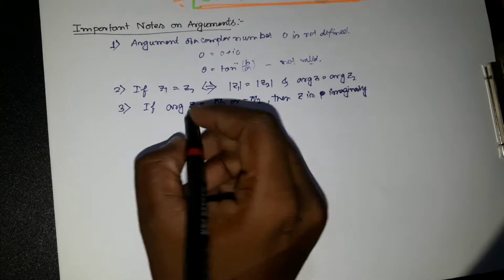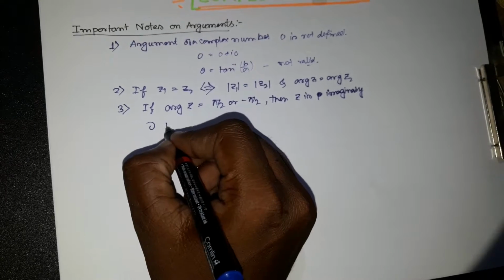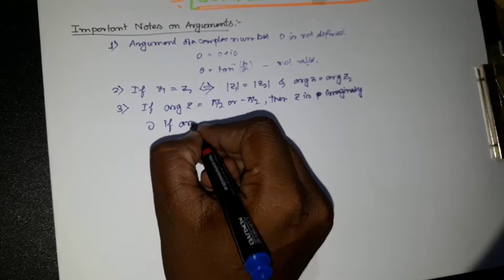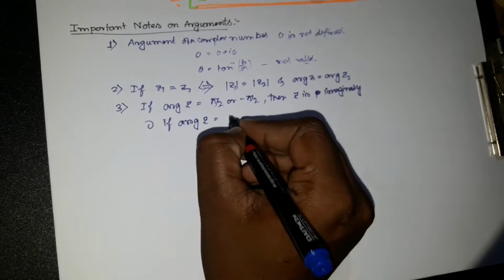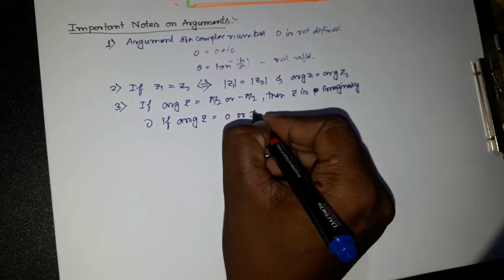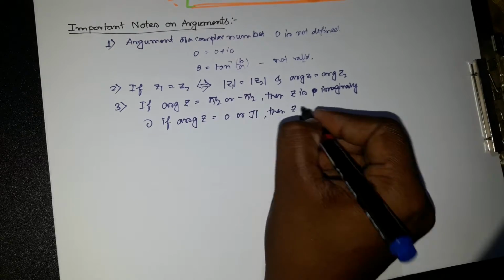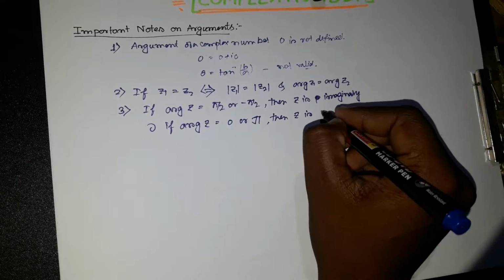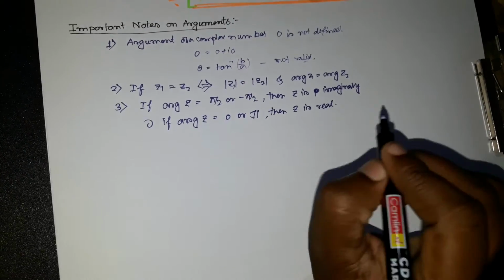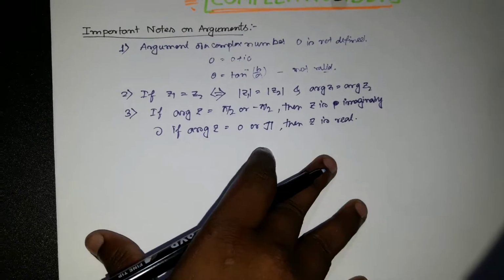And if argument of z equals 0 or pi, then z is real. Okay, got it.